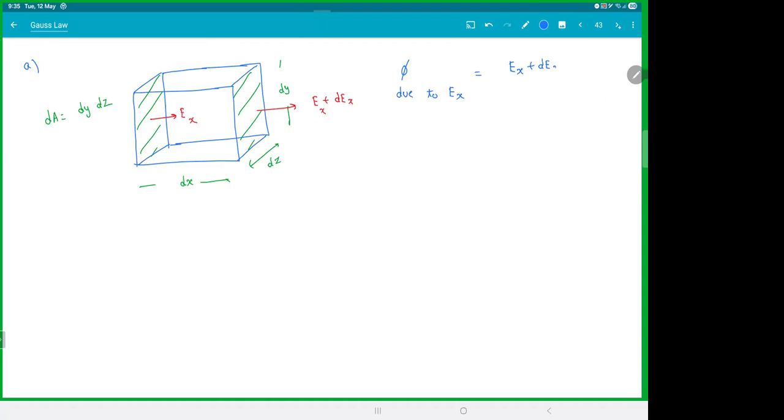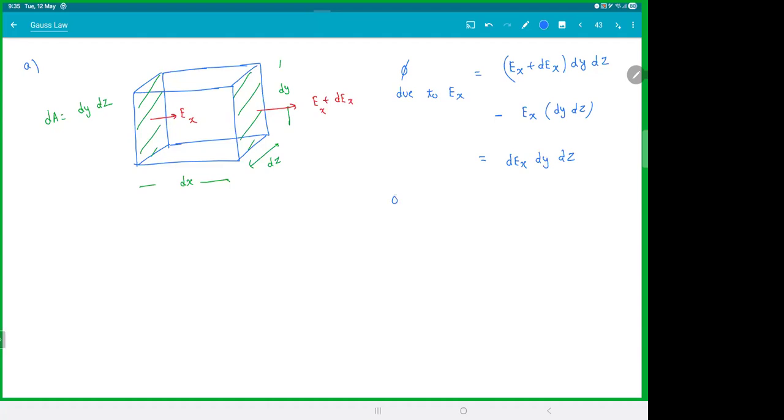We are assuming the field has changed by a small amount, times dy dz. This is the field which is leaving, minus Ex times dy dz, the field which is entering. So the net flux will be dEx dy dz.